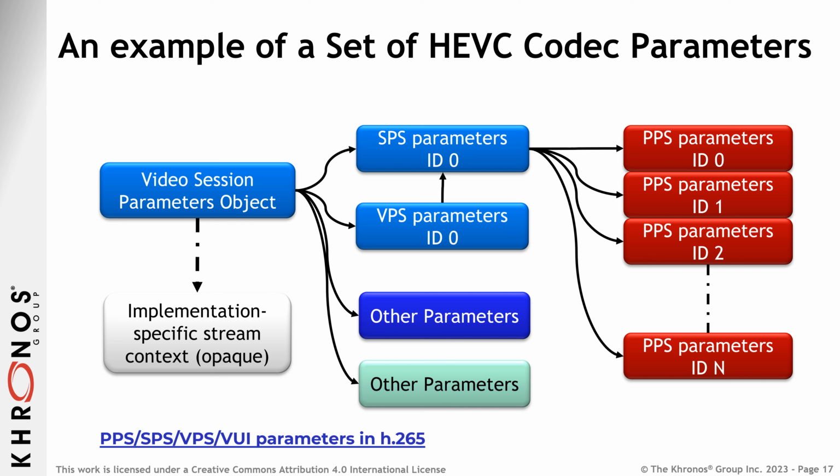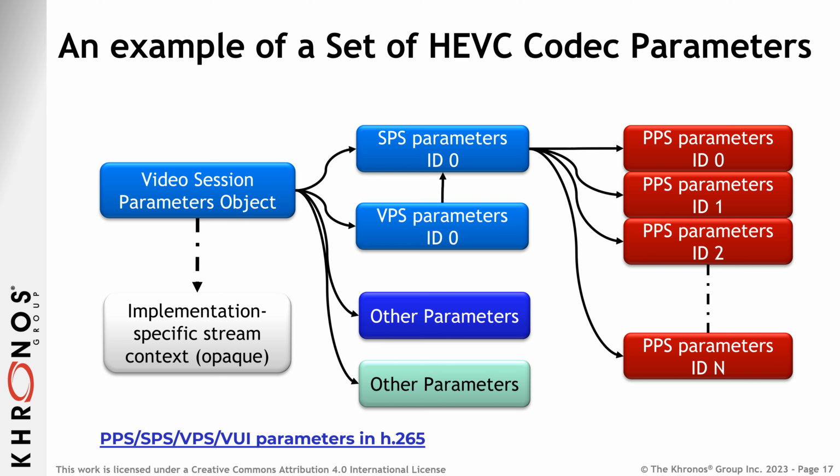Video parameter set, or VPS, which only applies to HEVC, includes syntax elements for session negotiations such as profile and level. All VPS, SPS, PPS parameters are identified within the stream and referred to by the VCL layer by their instance IDs. This example represents a picture parameter object containing multiple VPS, SPS, and PPS entries.